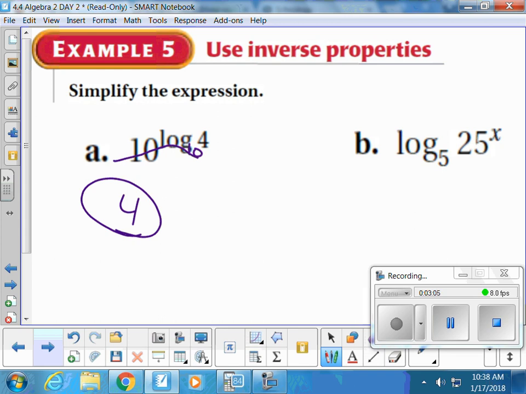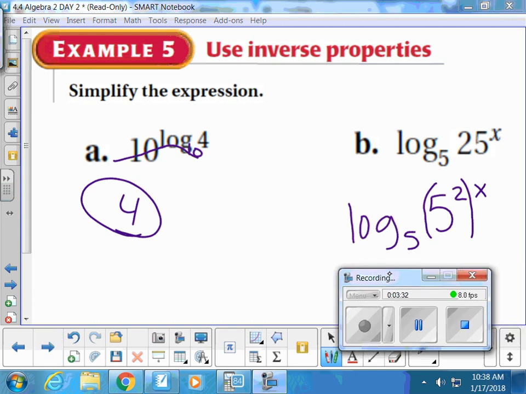All right, am I allowed to cancel this log base 5 of 25 like that? No, because the 25 and the 5 don't match. But we can rewrite the 25 to make it something we can cancel. 25 can be rewritten as 5 squared, right? Let's rewrite 25 as 5 squared. Now we still have that x hanging out.